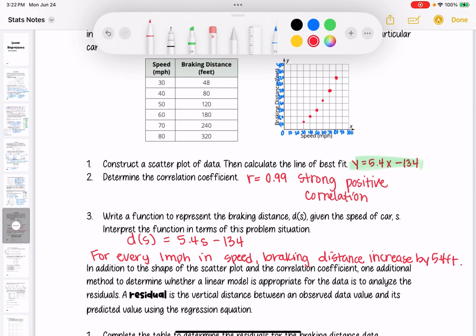To interpret it, for every 1 mile per hour in speed, braking distance increases 5.4 feet.